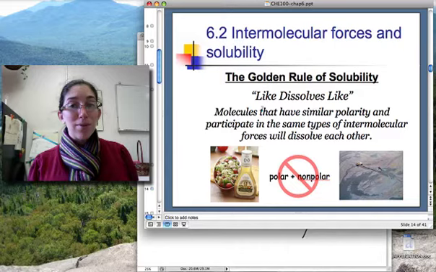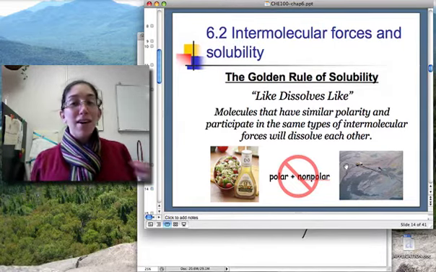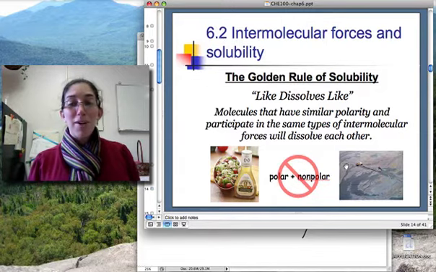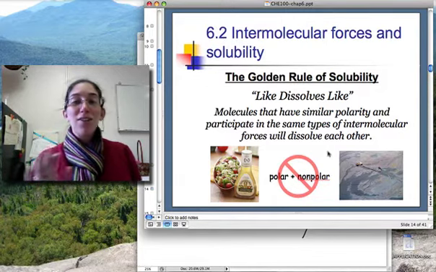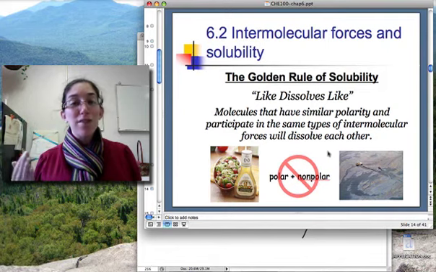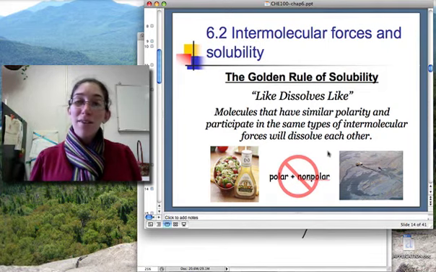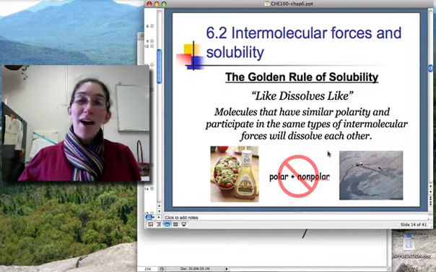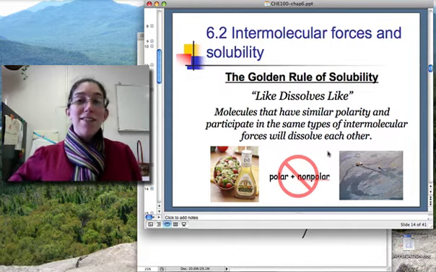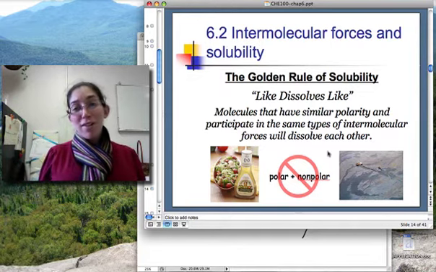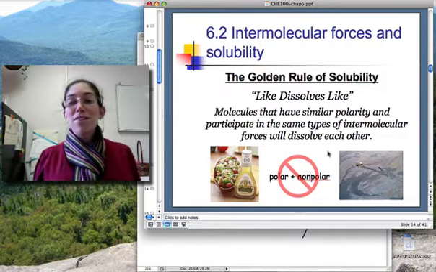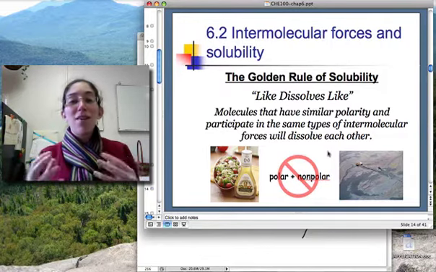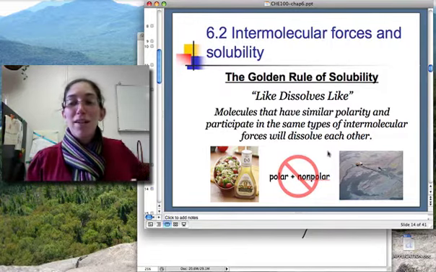Non-polar molecules dissolve other non-polar molecules. You cannot mix something that's polar with something that's non-polar. Hence the canonical statement that oil and water do not mix. Oil, being a type of fat, a type of hydrocarbon, is non-polar, whereas water is a very polar molecule. So they don't mix because they don't have the same types of intermolecular forces.